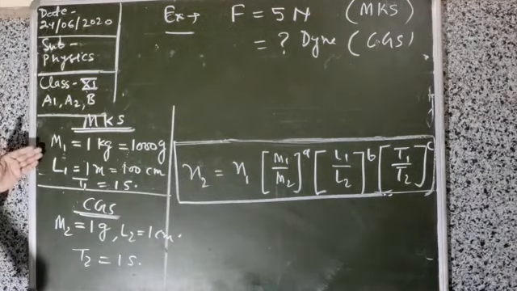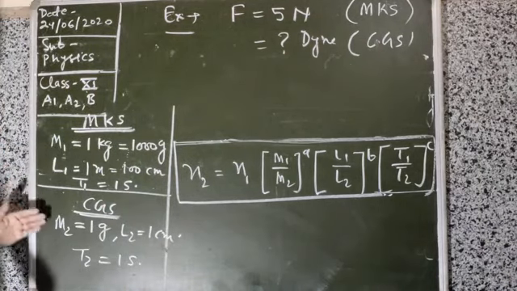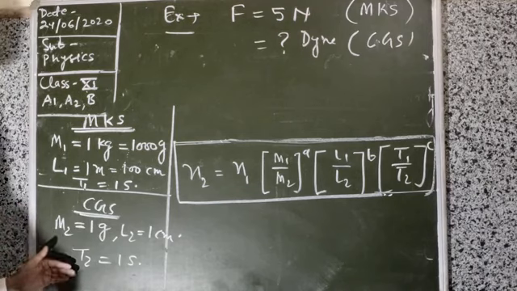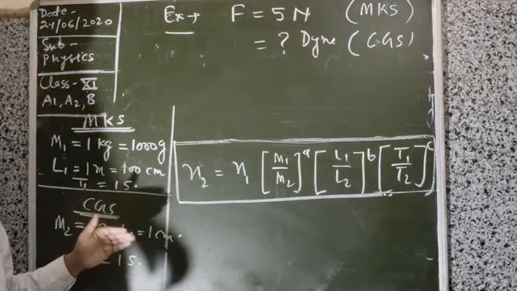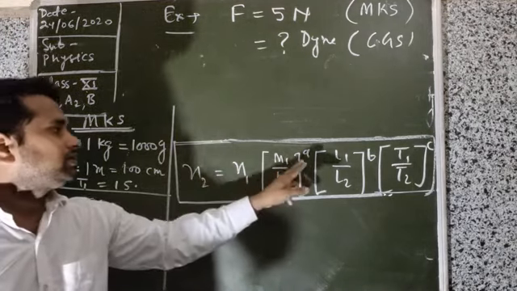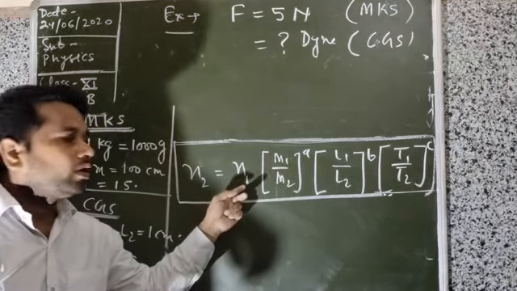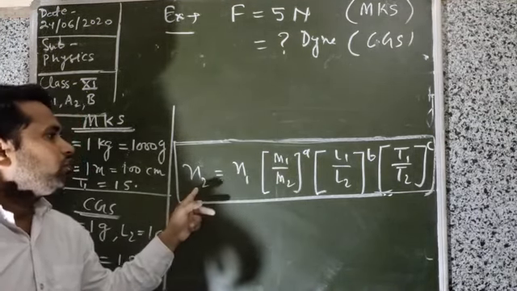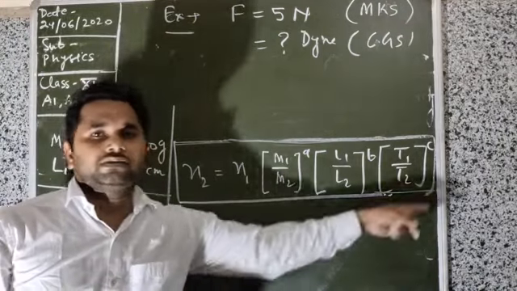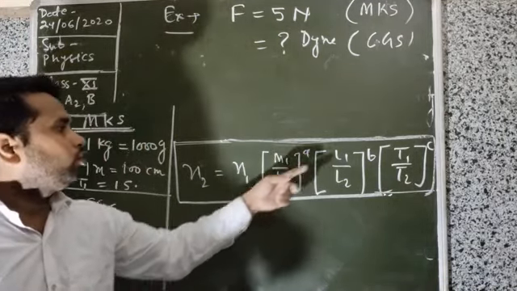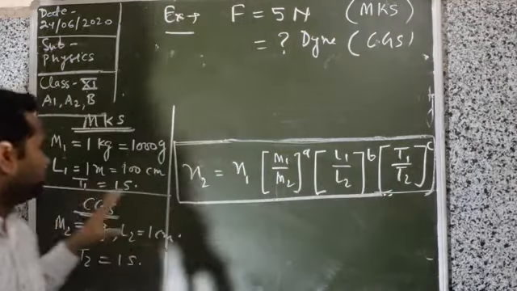So using M1, L1, T1, M2, L2, T2, we also require a, b, c here. See the formula. If I know N1 and have to find N2, we have to find these terms first: M1, M2, L1, L2, T1, T2.